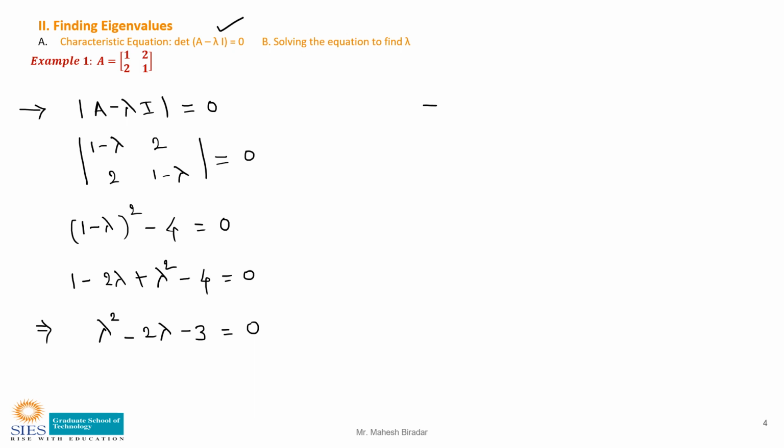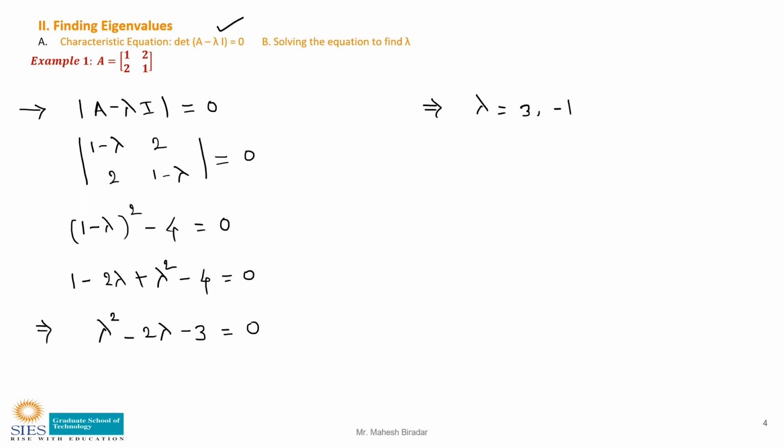We can find the roots of this polynomial by using a calculator or manually also. We get lambda is equal to 3 and minus 1. So lambda equal to 3 and minus 1 are the eigenvalues of this matrix A.